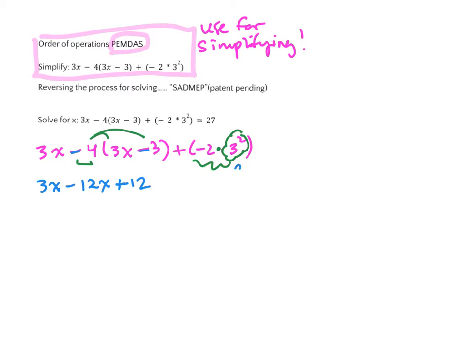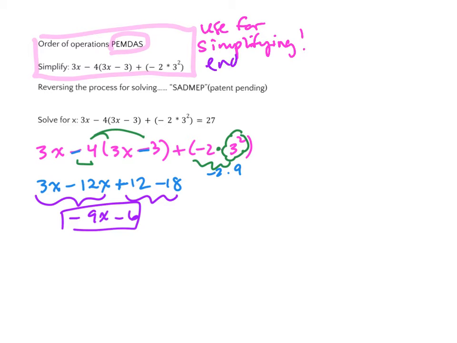And this was 9 times -2, which is -18. My next step is to combine like terms. So these go together and these go together. So I have -9x, oh dear, -6. So when you are simplifying, you end up with an expression, or sometimes it's just one term. An expression.